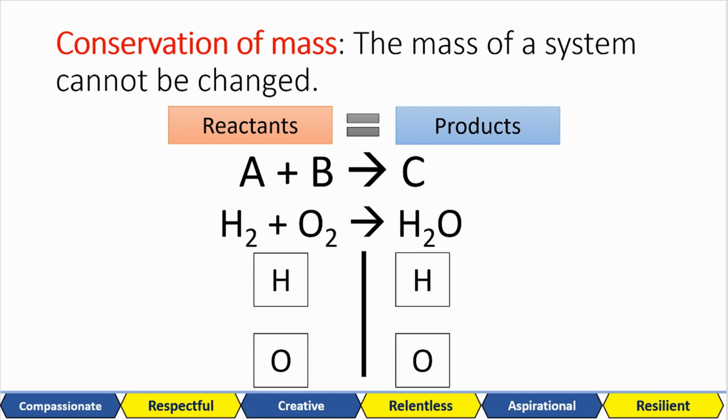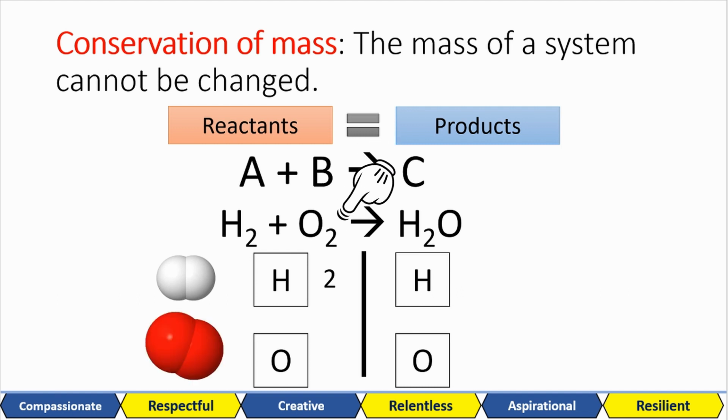For the left hand side, we have hydrogen with a small 2 on the right hand side. This subscript 2 tells us that we have 2 hydrogen atoms within that one molecule. So that looks like this. 2 hydrogen atoms bonded together. You should then be able to clock that the oxygen is the same. We have a subscript 2 on the right hand side.